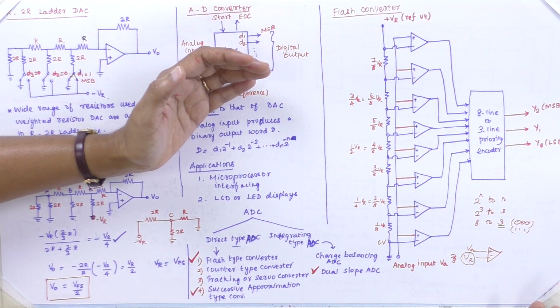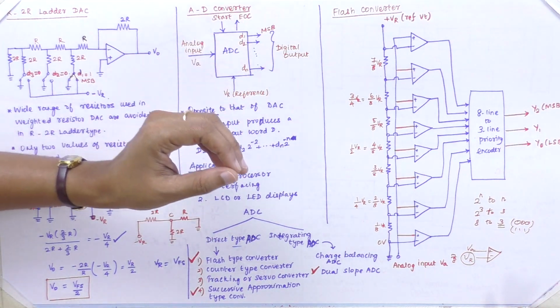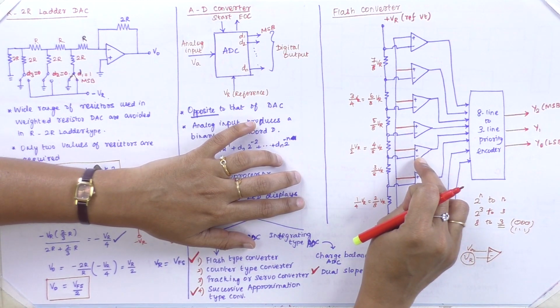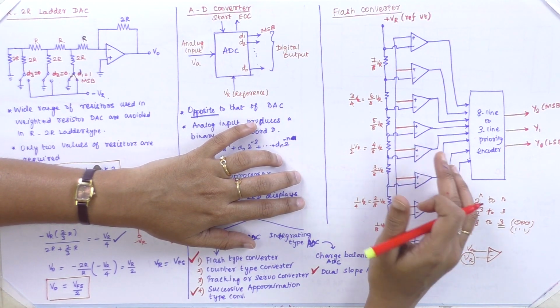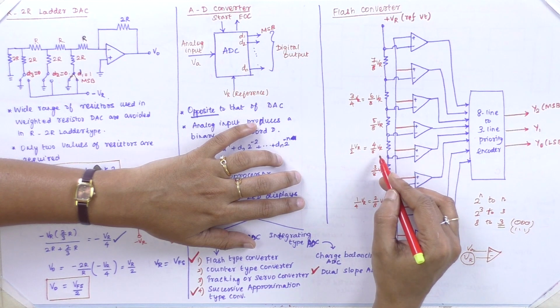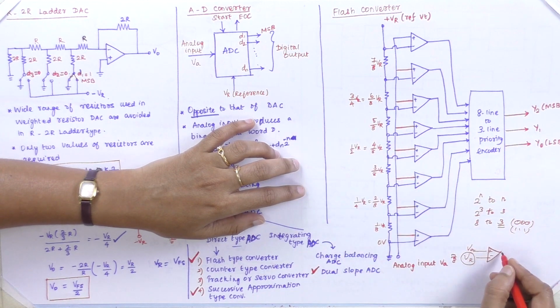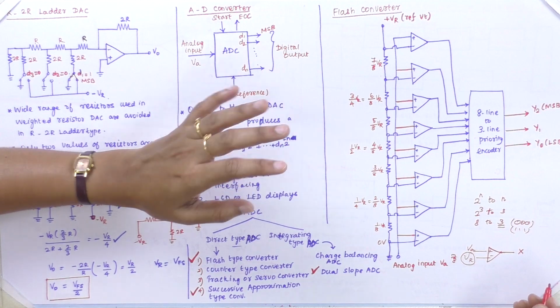We can keep it as the reference voltage. So if I take this operational amplifier as a comparator, I can measure whether VA is greater than, less than, or equal to 4 by 8 VR. Like that we can compare, and we can give the outputs in digital terms.